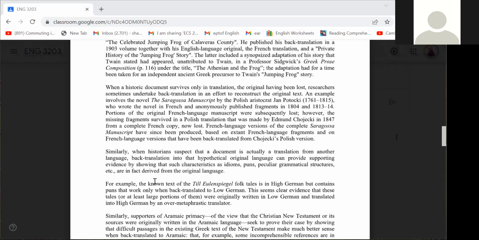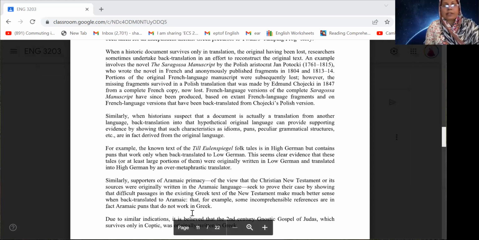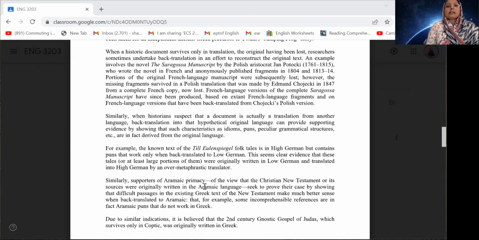Some view that the Christian New Testament was originally written in the Aramaic language, but difficult passages of the Greek text of the New Testament are more understandable to the readers than the same topic in the Aramaic language form of the New Testament.